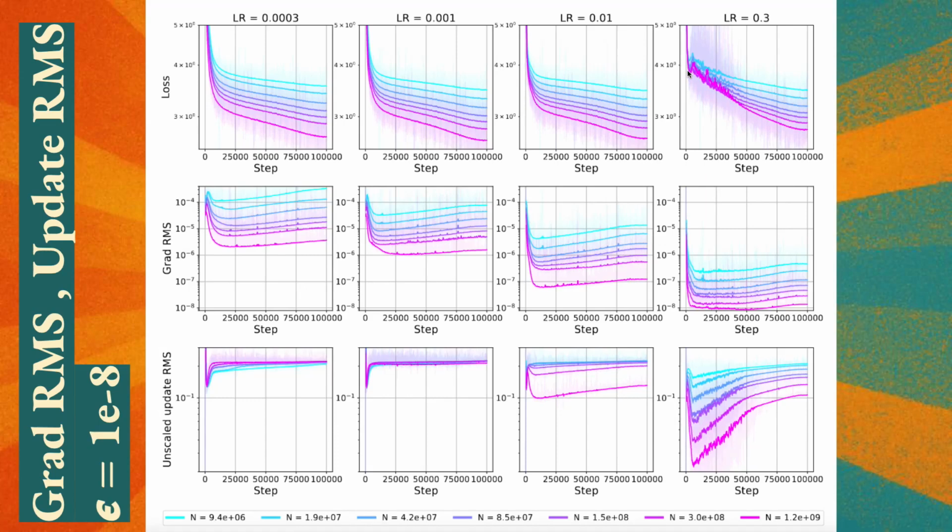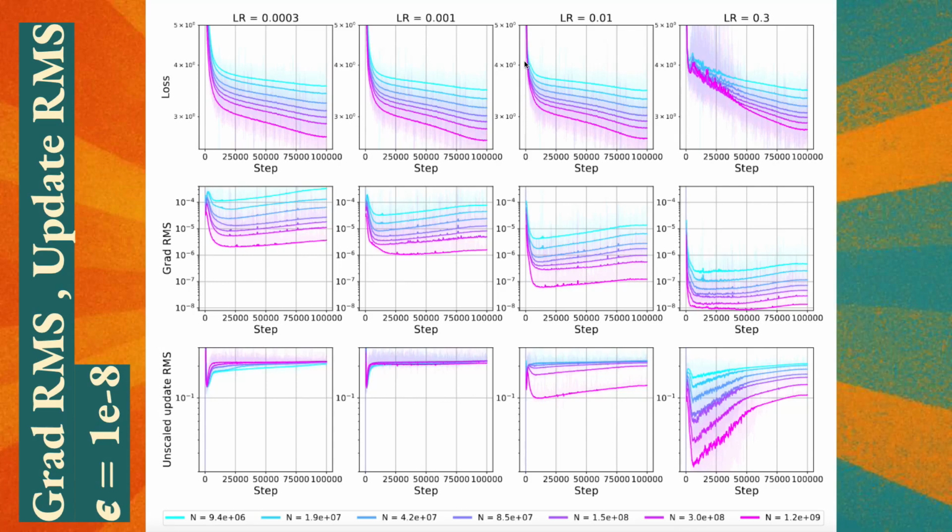Does this mean that if this collapse didn't happen, we would have seen a much lower loss here? Would it have looked something like this? If we look at this one, we see that the unscaled update drops, but it doesn't collapse as much. And we see that the loss goes down to, what is this, 3.0?